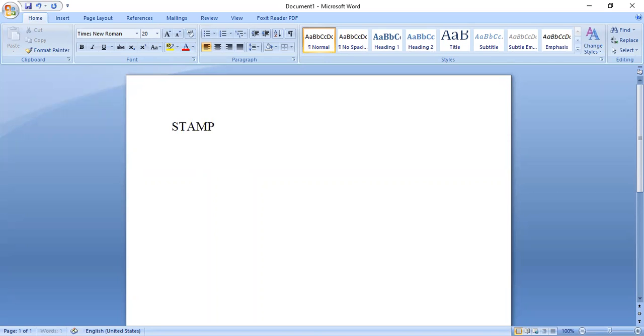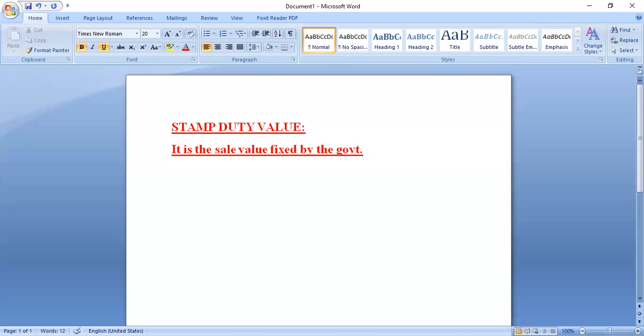What is the stamp duty value? It is a value, a fixed sale value, fixed by the government.